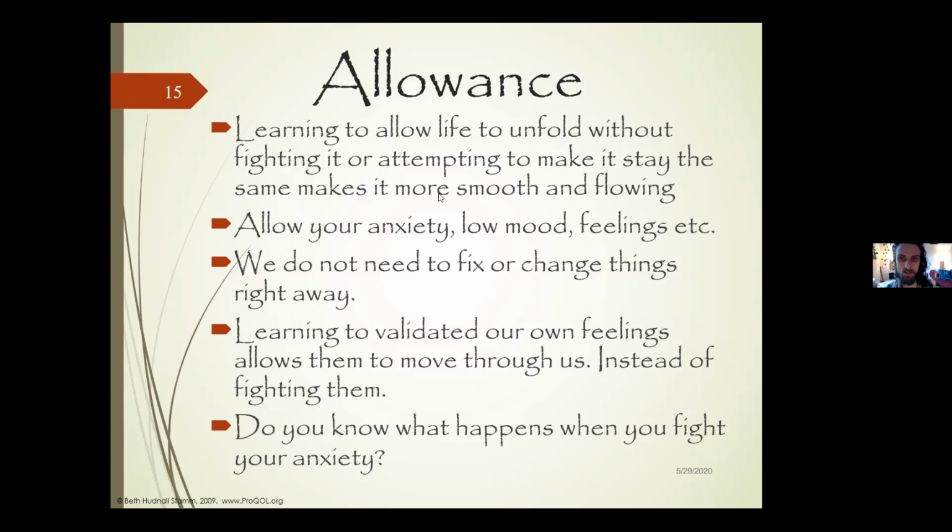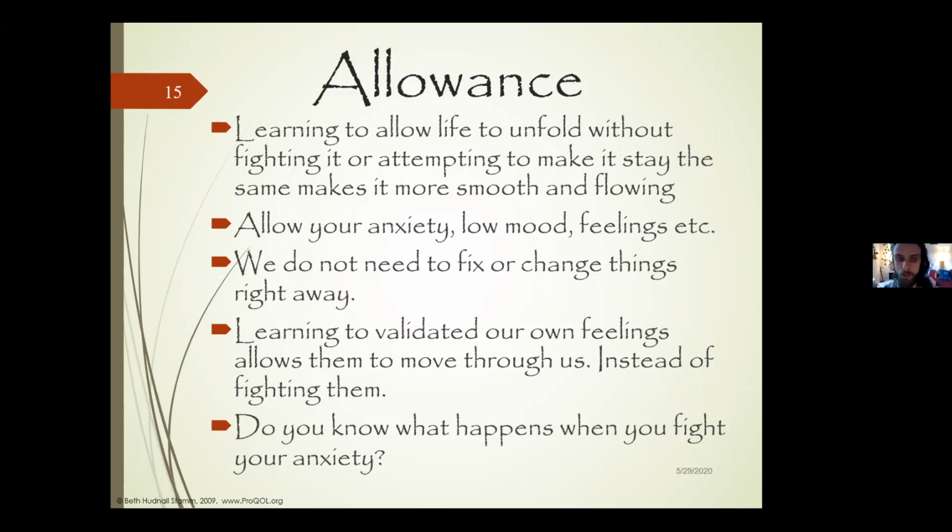It's an organic process, things break and people die, and things are not going to stay the same. Your ability to allow the experience within yourself makes it a lot better for you. That also means allowing your anxiety, allowing your mood.